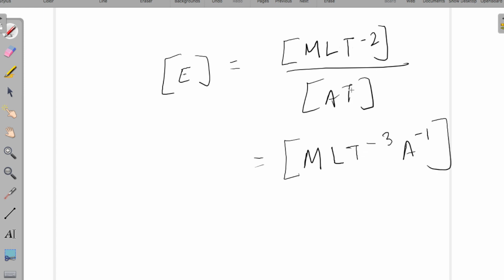Because here it is T to the power minus 2, and here on the bottom is T, so it will cancel and become T to the power minus 3. So this is the dimension of electric field intensity.